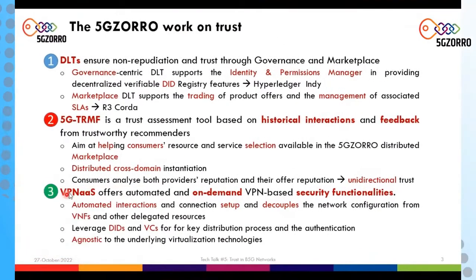Coming into the details, you will see 1, 2, and 3 as part of my slides. This basically helps to identify the 3 main points that I've been commenting on. The first one, again, DLT, 2 perspectives. First, for the identity, based on governance, and the second one on the marketplace. This is basically for the trading of the offers. Second one, based on historical interaction and feedback, we are making something that we call inside 5GZORRO unidirectional trust.